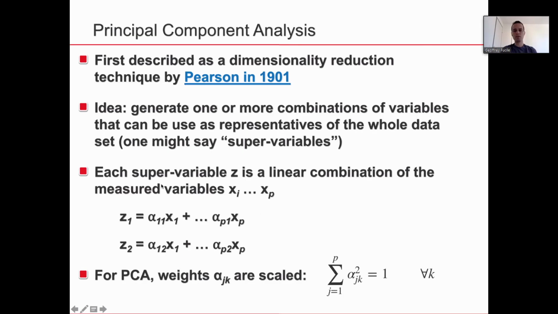And what we can do is make linear combinations of these variables and collapse them down to one dimension, right? So let's say X is all of our genes. So you have X1 all the way through up to P. And we can make some kind of parameters for each one of them, so-called weights. And we can make a linear combination of these that are now captured in one variable, this so-called super variable.